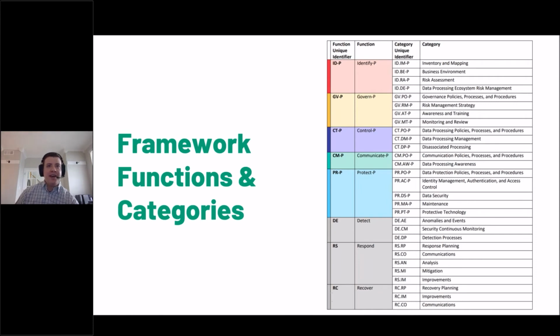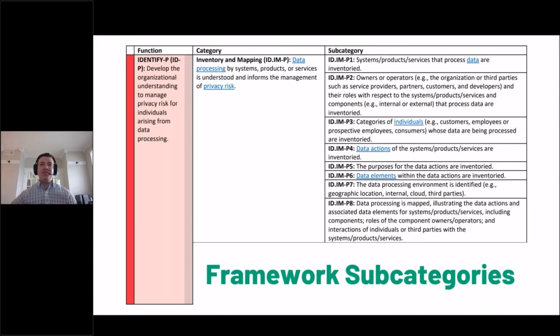So now that you can see the categories, understand that each of them has at least a couple of specific activities and outcomes within. So for example, let's look at the very first section, inventory and mapping. The easiest way to convey this was to pull a screenshot right from the Privacy Framework document, so that's what you're looking at here.